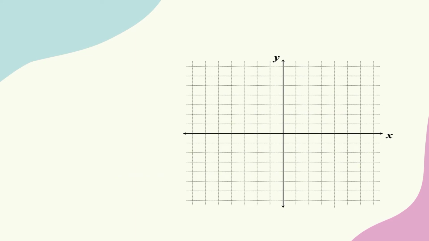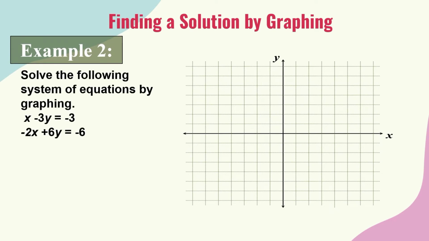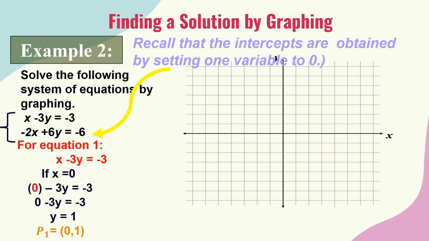Let us consider our second example. The given is x minus 3y equals negative 3 and negative 2x plus 6y equals negative 6. Recall that the intercepts are obtained by setting one variable to 0. For equation 1, x minus 3y equals negative 3.